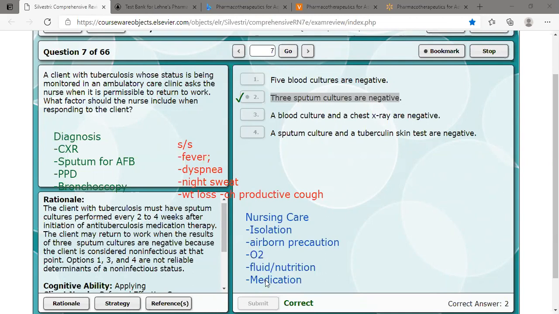And finally, medications like isoniazid or rifampin, streptomycin. But for the patient who takes isoniazid, make sure to give them vitamin B6 or pyridoxine to prevent peripheral neuropathy.